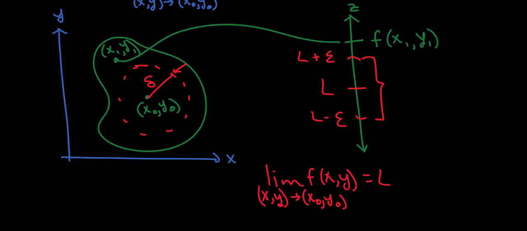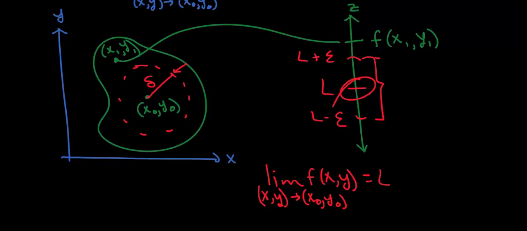No matter how I choose epsilon, I can find a disk over here. No matter how I box in L, I can find a disk to encircle about the point so that every point in that disk will give me an output over here in this epsilon neighborhood.